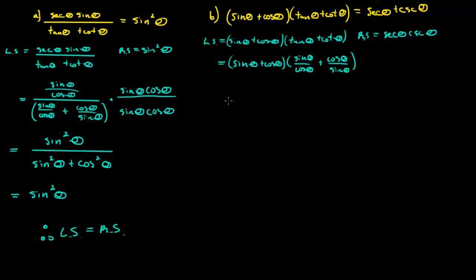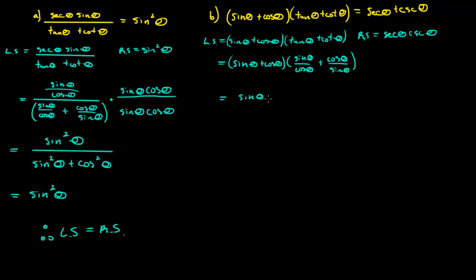Okay. So, the next thing I'm going to try to do is rewrite sine theta over cos theta and cos theta over sine theta so that I can rewrite this as a single fraction.